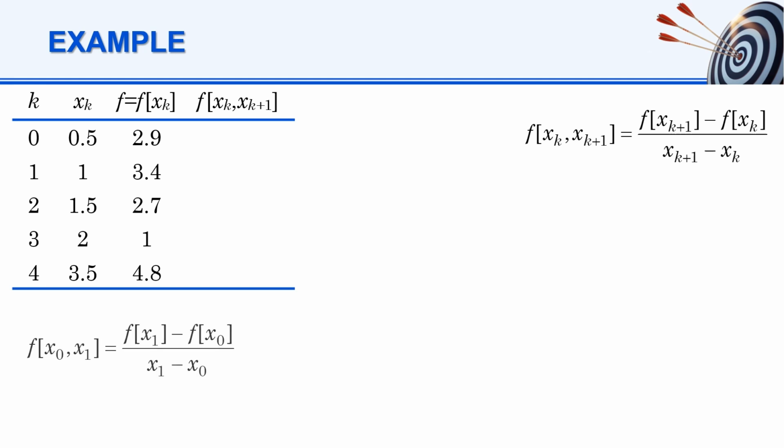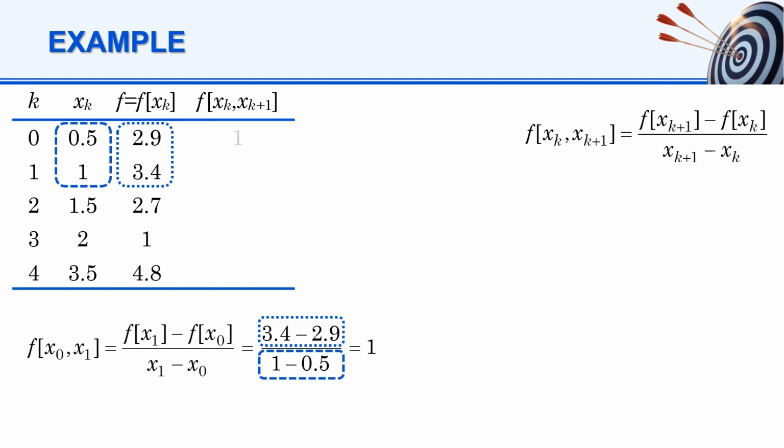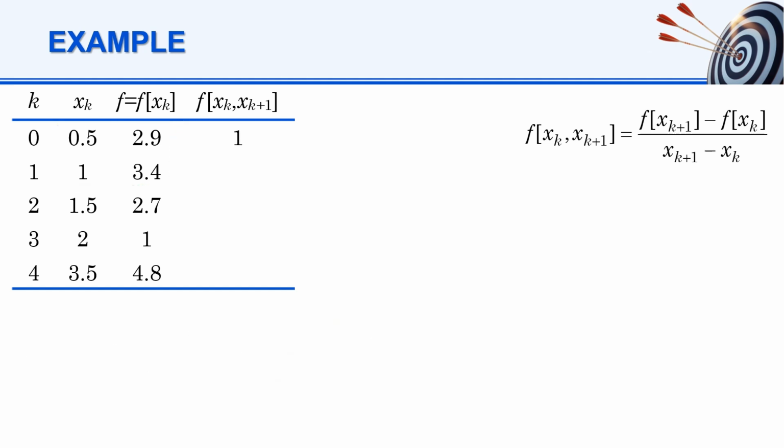The first element of the fourth column is f[x0, x1], which is calculated as follows. The second element of the fourth column is f[x1, x2], which gives minus 1.4.